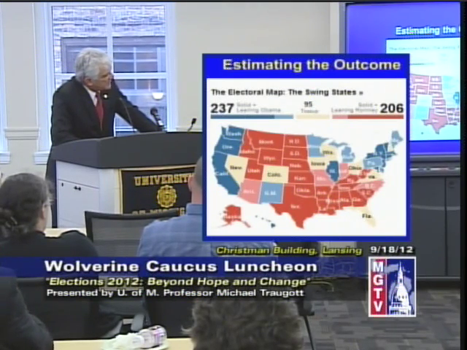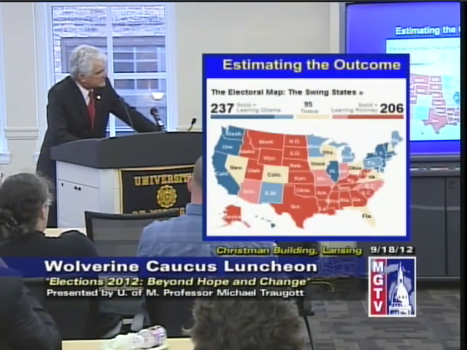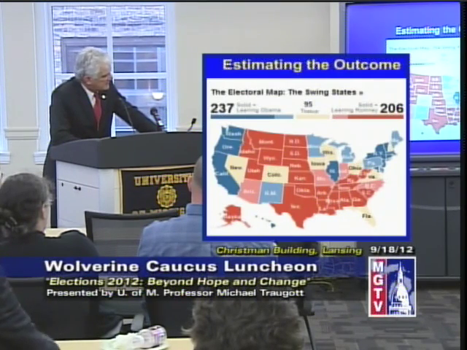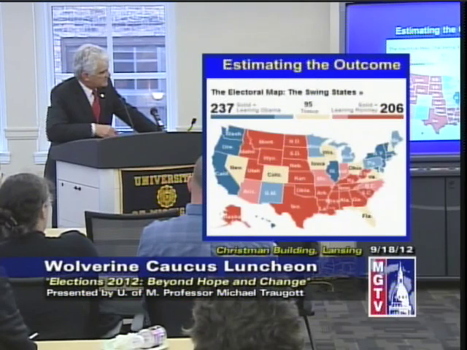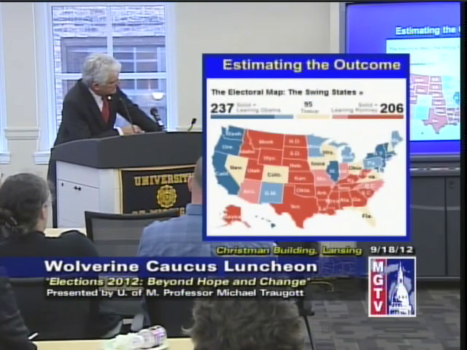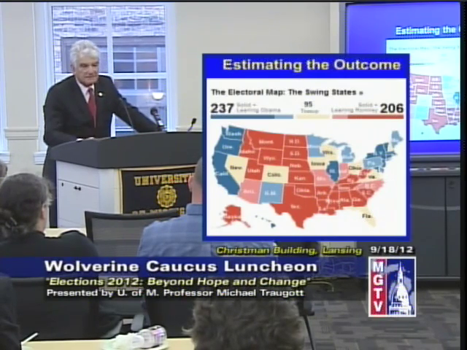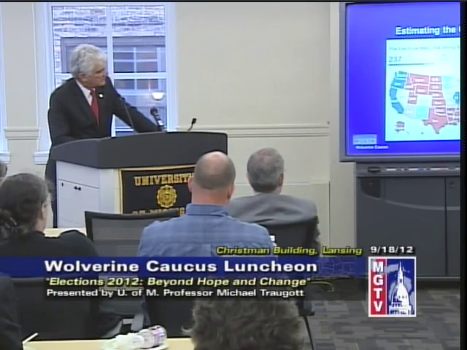You can see that Obama has a slight lead in solid and leaning states, but there are these toss-up states, and they have now made Michigan, for example, leaning Democratic, but Wisconsin and Iowa are still in the toss-up category, and here's Ohio and Virginia. They've now made North Carolina leaning Romney.